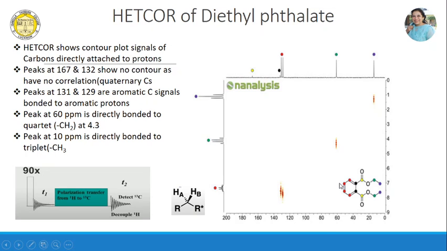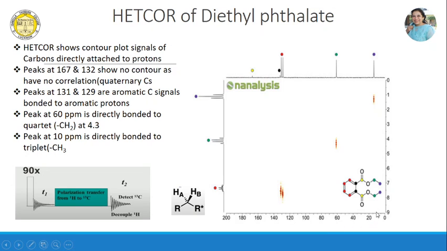Now then there is another peak at 60 ppm. This peak at 60 ppm is linked to a quartet which is appearing at 4.3. Obviously we know by the study of 1D NMR that this quartet is because of the CH2, the green CH2. Then there is another one, peak at 10 ppm.